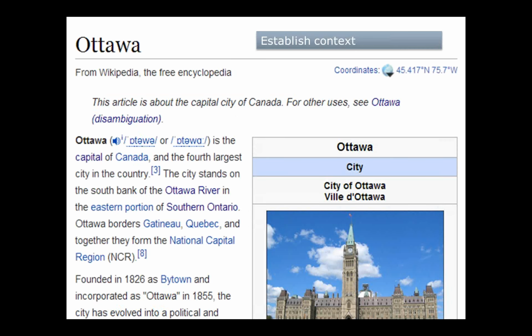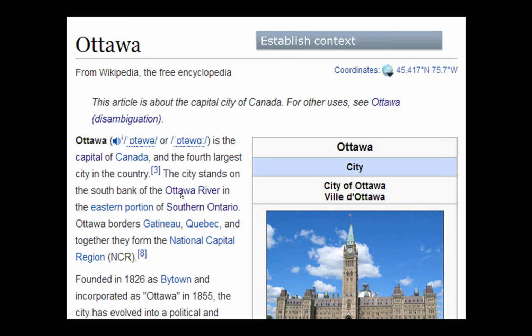So here is an example of a topic that establishes context. It's from the Wikipedia article on the city of Ottawa, where I used to live. You can see that right away it establishes geographic context by giving its geographic coordinates. It places it in its political context: it's the capital of Canada.